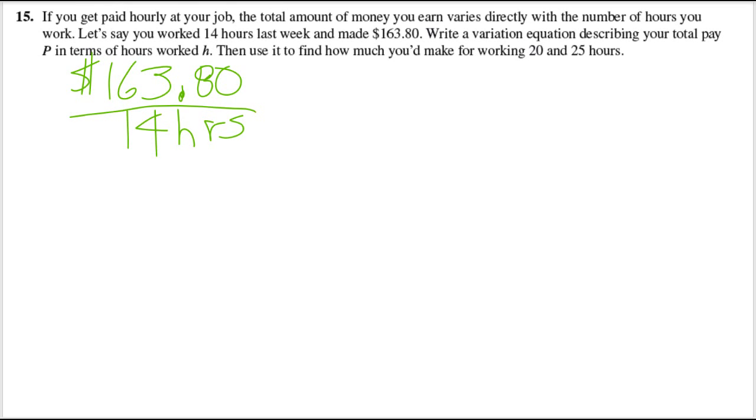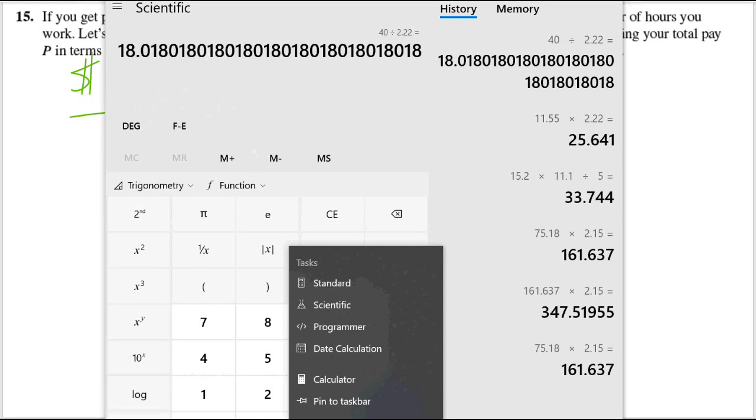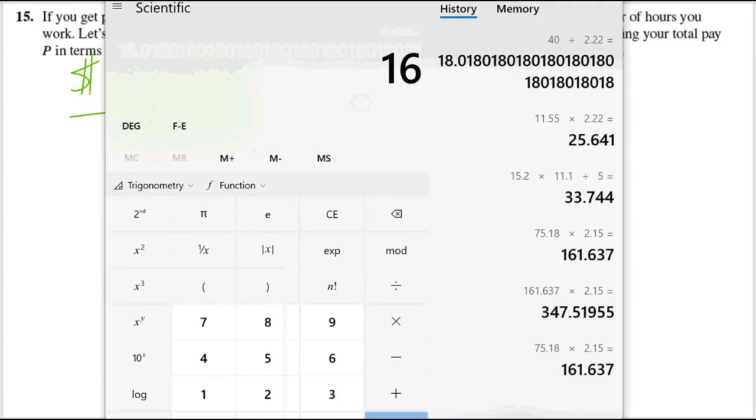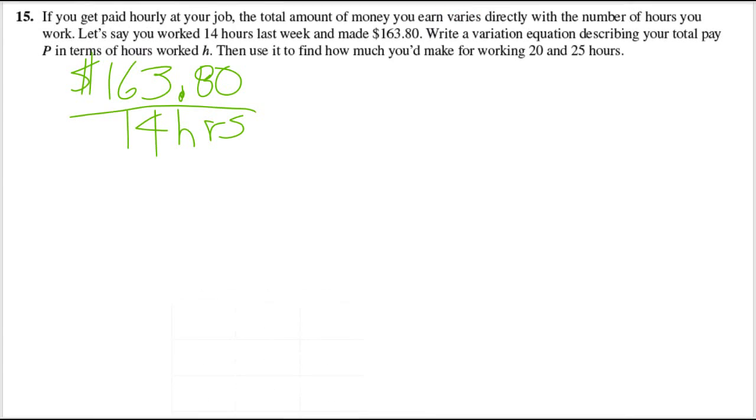So we're going to get dollars per hour. $163.80 divided by 14, $11.70. I'm going to write per hour.